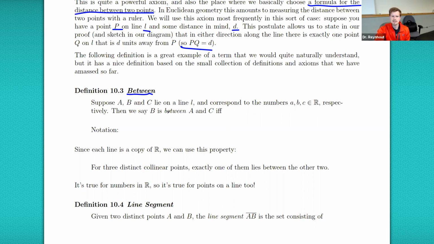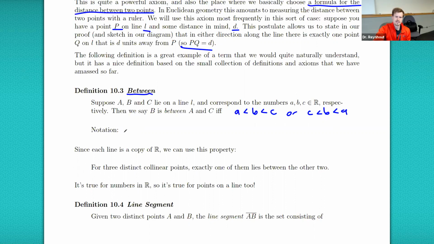Then we say that B is between A and C if and only if a is less than b is less than c, or c is less than b is less than a. It only takes one of those situations for us to say that B is between A and C.